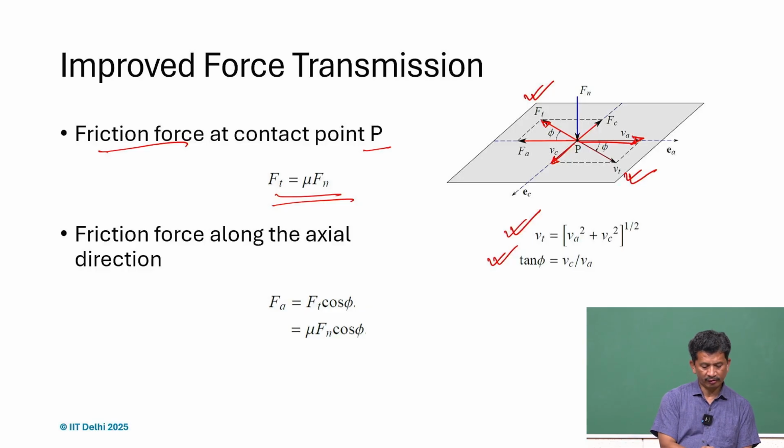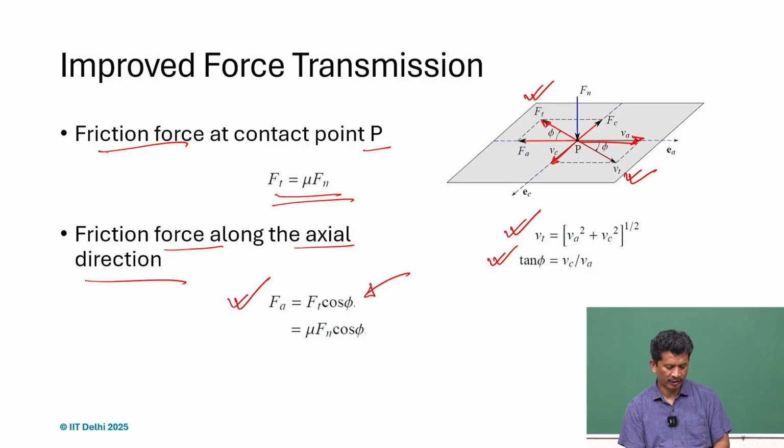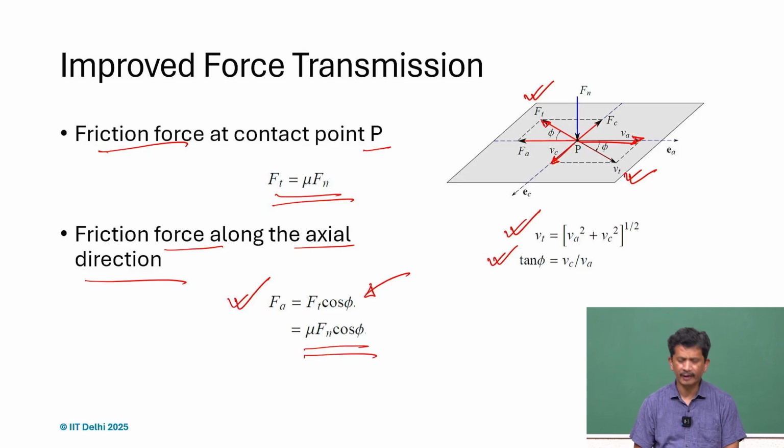So if we try to see the friction force along the axial direction, this is Fa, the component along the axial direction, which is nothing but the cosine of phi times the net friction force Ft. If we substitute, we realize that it is mu Fn cos phi.